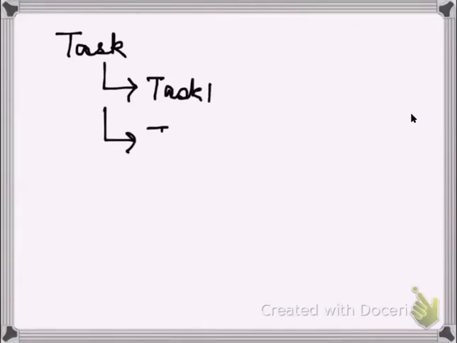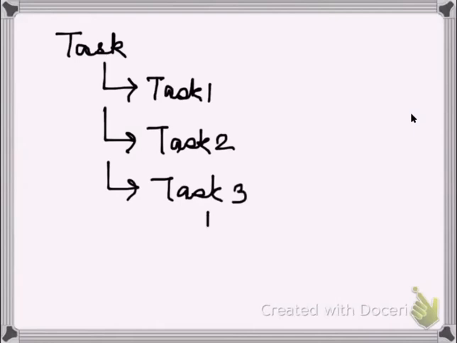Let us say you are supposed to write a function or write a program in C to perform a task. So what we do in modular programming, we break down this task into subtasks. So this is task 1, task 2, task 3.